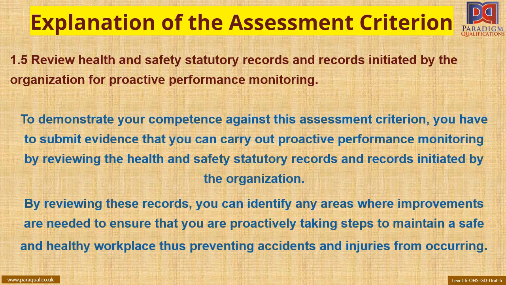By reviewing these records, you can identify any areas where improvements are needed to ensure that you are proactively taking steps to maintain a safe and healthy workplace, thus preventing accidents and injuries from occurring. In the next slides, I shall discuss what can be the suitable evidence.